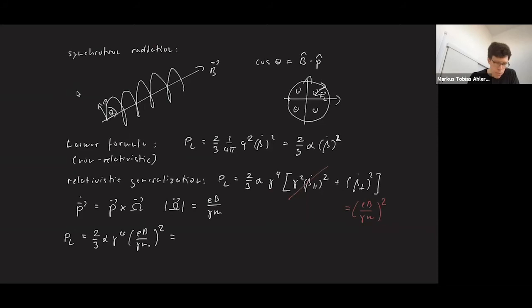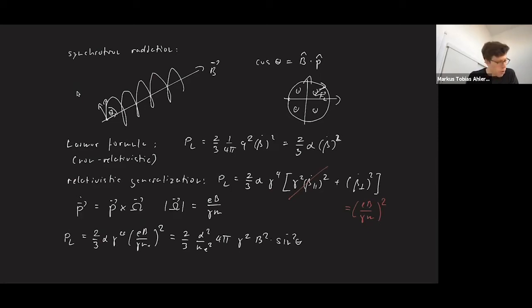And this can be written in the following way: 2/3 alpha squared over m_e squared 4 pi, and then we have here gamma squared B squared times sine theta squared.